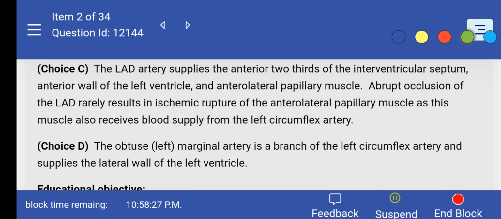Why not option C? Because the LAD supplies the anterior two-thirds of the interventricular septum, the anterior wall of the left ventricle, and the lateral papillary muscle. Abrupt occlusion of the LAD rarely results in ischemic rupture of the lateral papillary muscle, as this muscle also receives blood supply from the left circumflex artery.